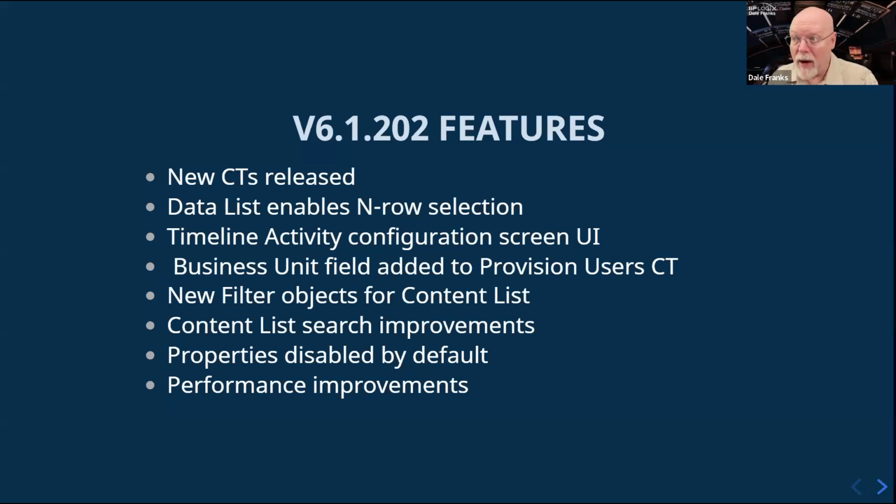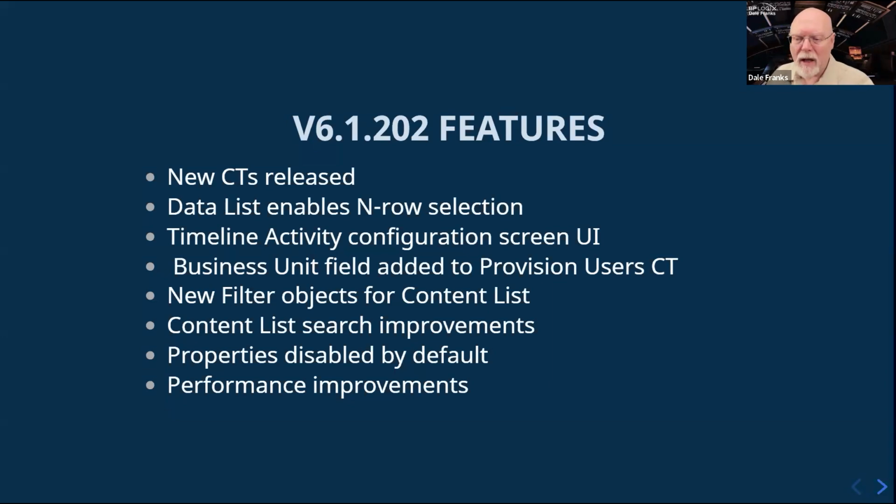And by the way, vice versa might also be true. We might release a couple of versions before we update or feel a need to update any of the custom tasks. So they are independent of each other, but in this case, they happen to be both released on the same day. So something to keep in mind if you haven't updated your custom tasks in a while, even if you're not going to go to .202, you may want to look into updating your custom tasks.